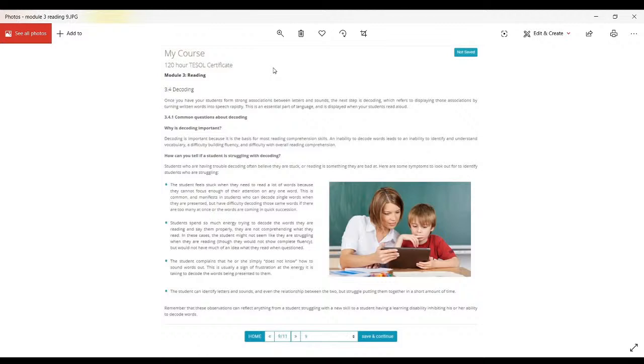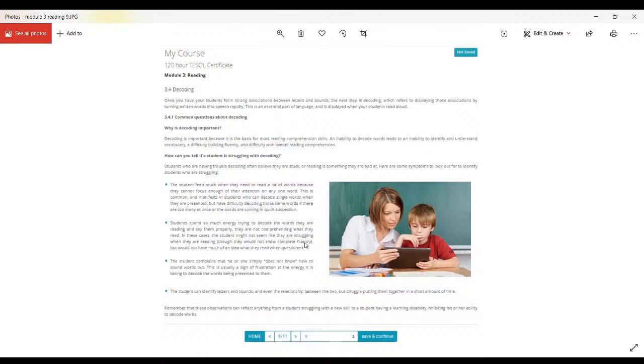Alright, so number 2, the student spends so much energy. Alright, so they spend so much time para ma-decode yung words. Alright, and lastly, number 3, the student complains that he or she simply does not know how to sound words out. Okay, and this is usually a sign of frustration at the energy it is taking to decode the words being presented to them.